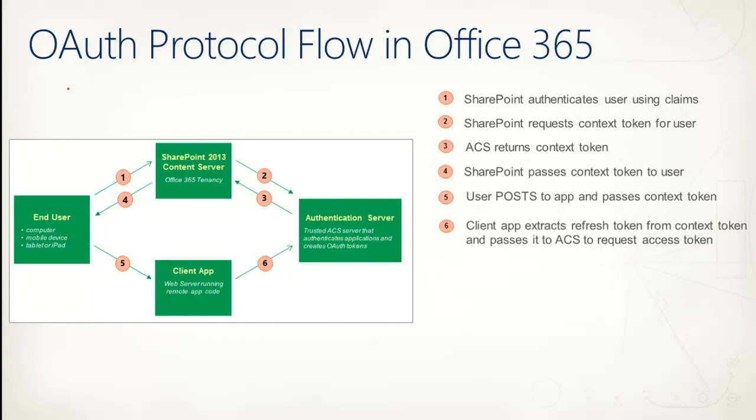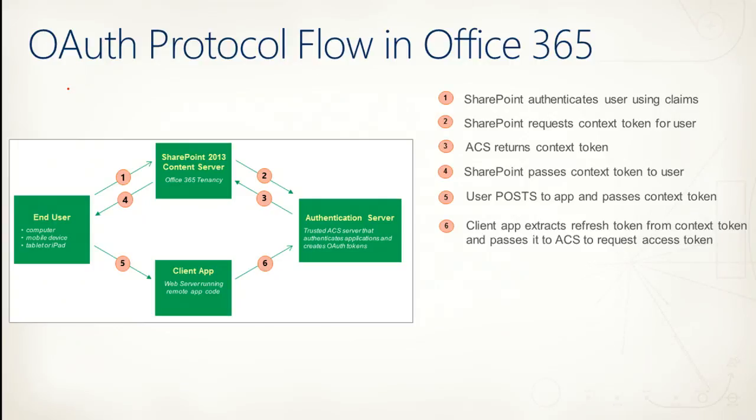Now, also realize that the ACS server and the remote web both have that secret. So when we created the context token and gave it back to SharePoint, it was signed with that client secret so that only the app that has the secret would be able to read it.